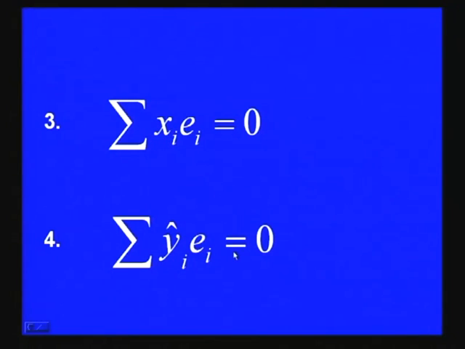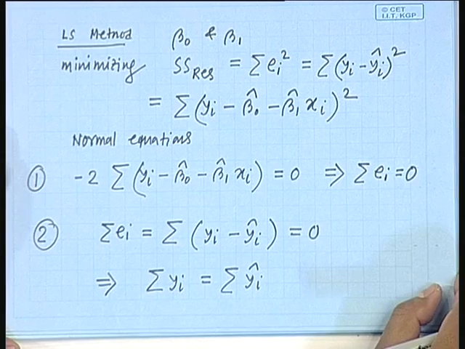And the fourth property says that summation yi hat ei is equal to 0. That means the sum of residuals weighted by the corresponding fitted value of the response variable is equal to 0. Let me prove these two properties, property 3 and property 4.